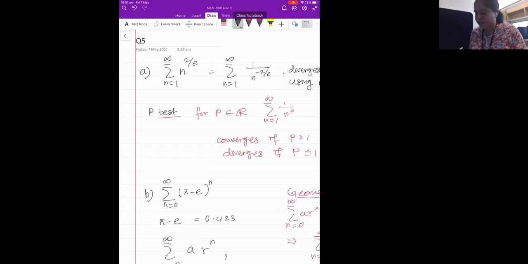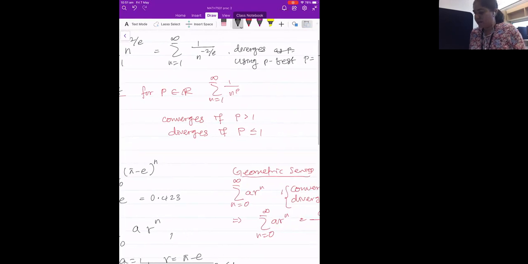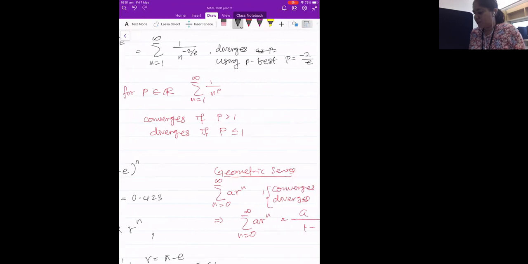Perhaps you could apply the p-test. This is also in your lecture notes: the series with 1 over n^p converges if p is bigger than 1, and diverges if p is less than or equal to 1.